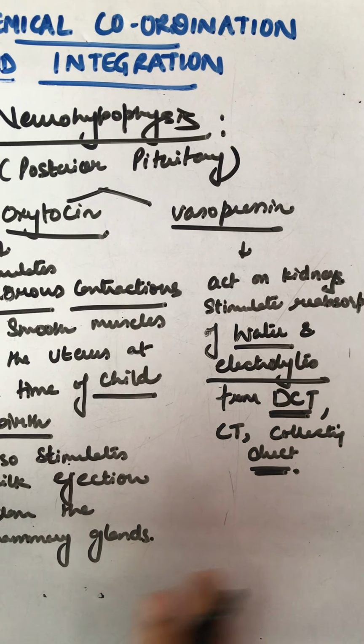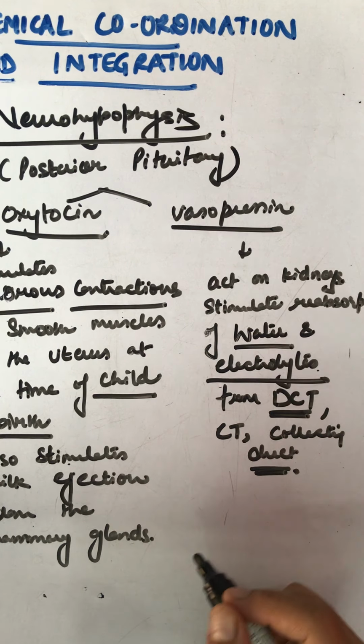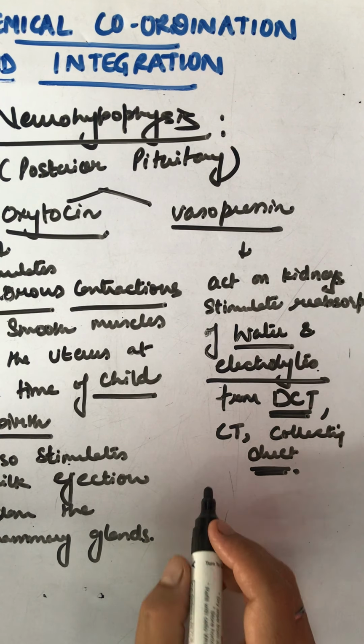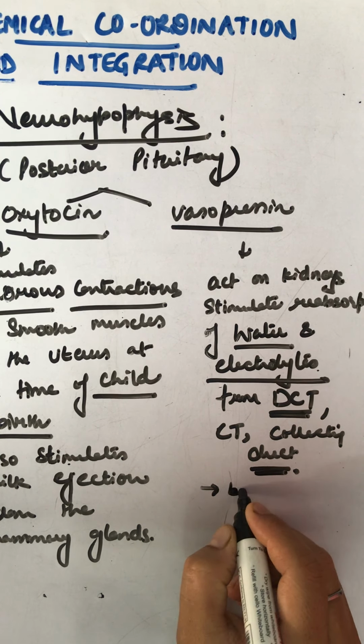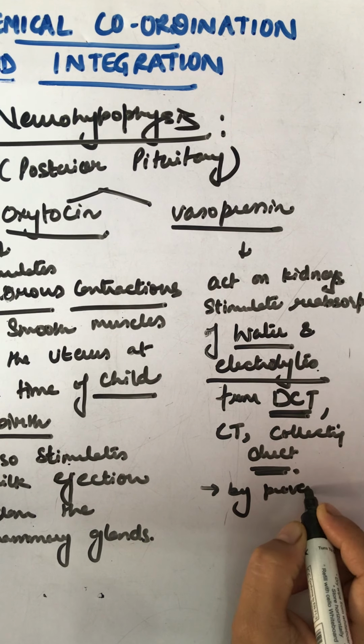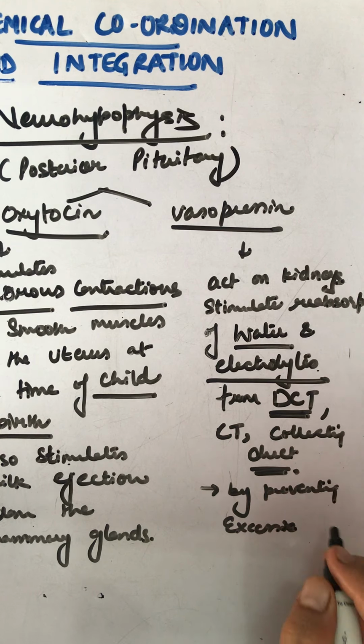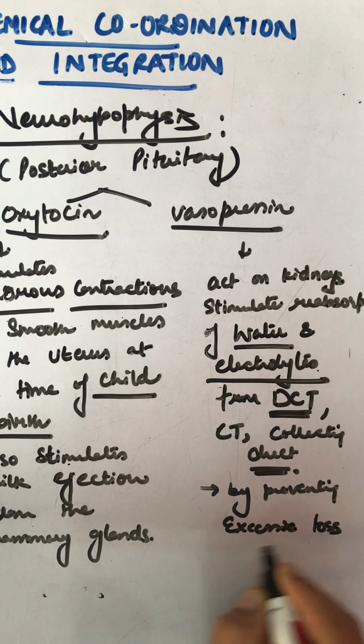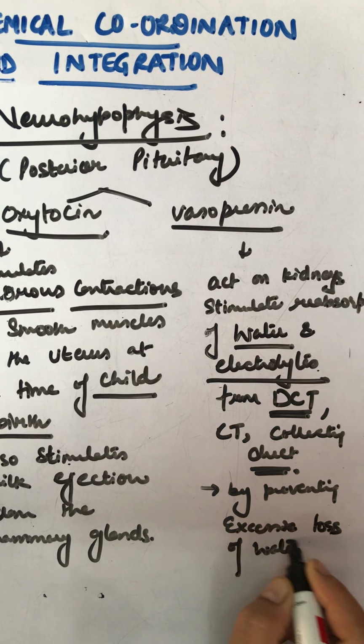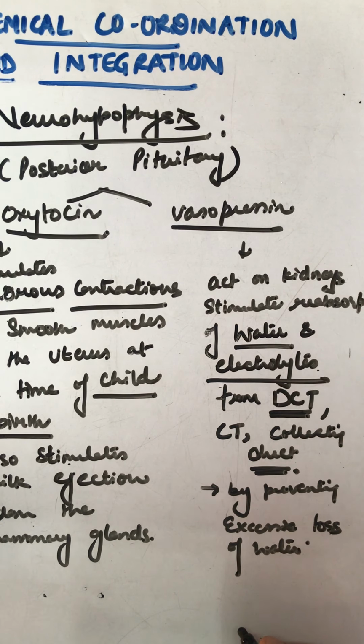So what is vasopressin doing? It maintains the water electrolyte balance. How? By preventing excessive loss of water. It stops the problem of diuresis.